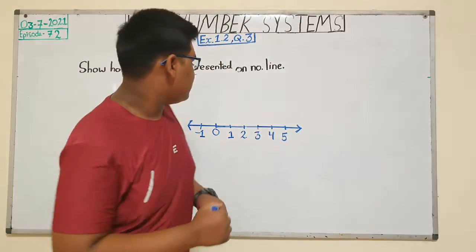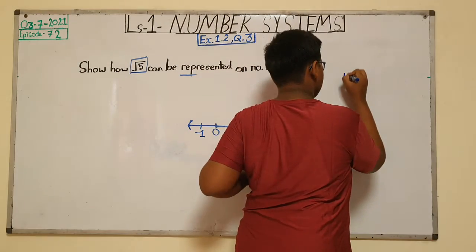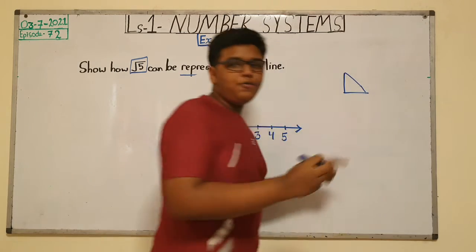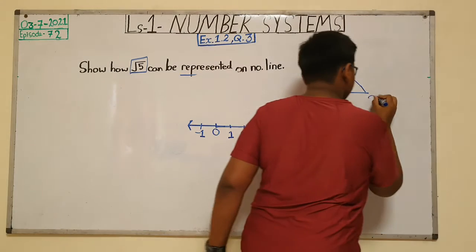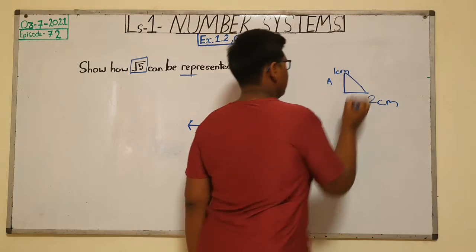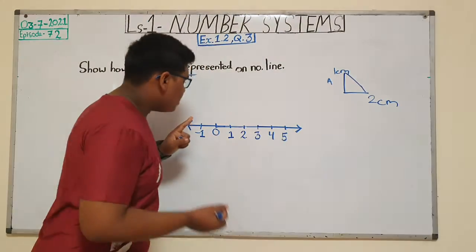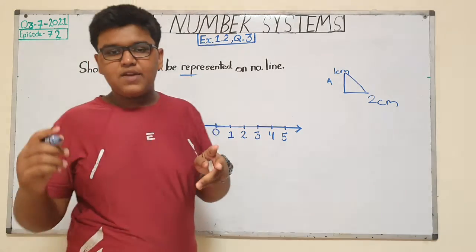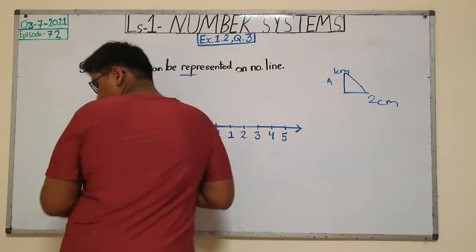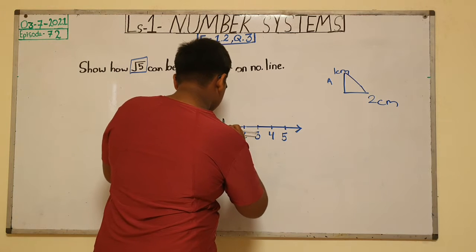After taking the number line, as we took a triangle with base 2 centimeter and altitude 1 centimeter, while making the triangle we have to concentrate on how many centimeters we are taking.